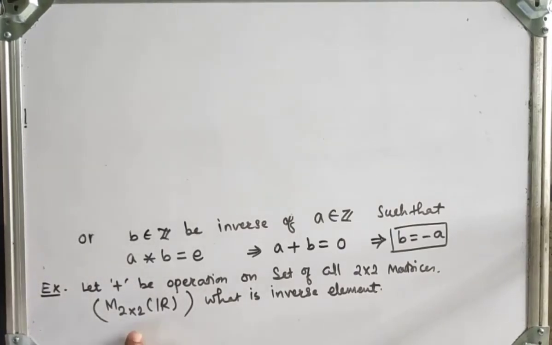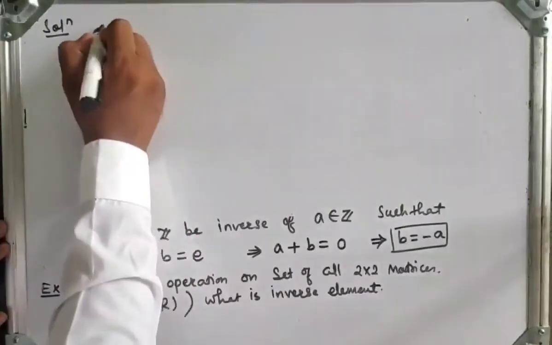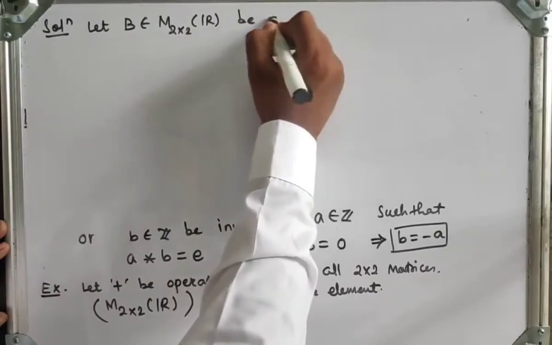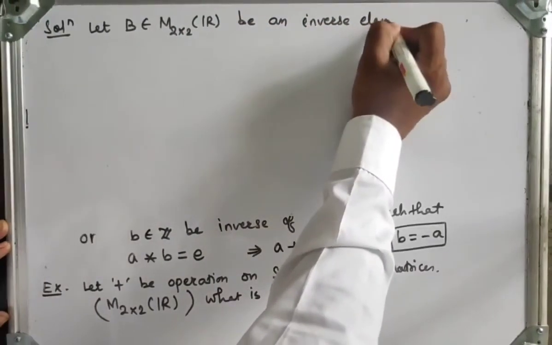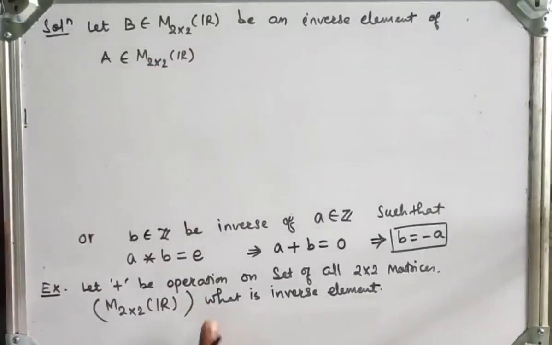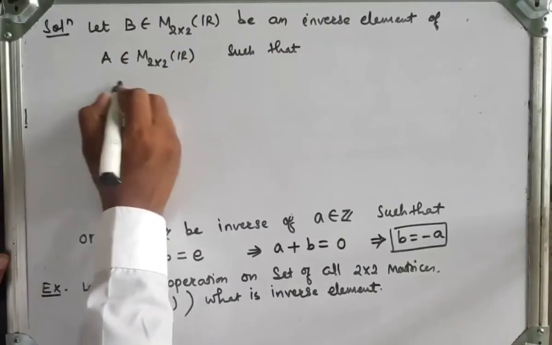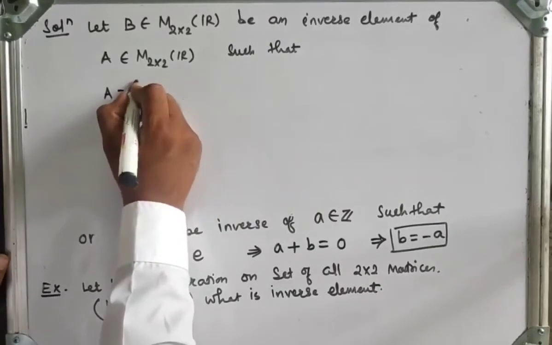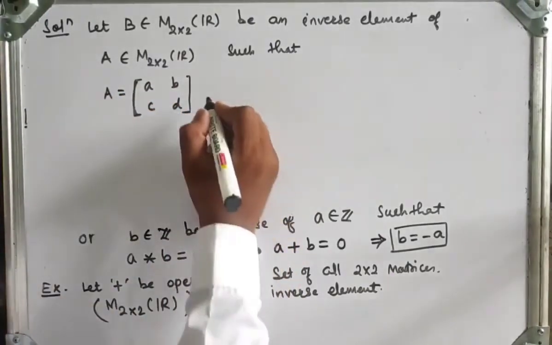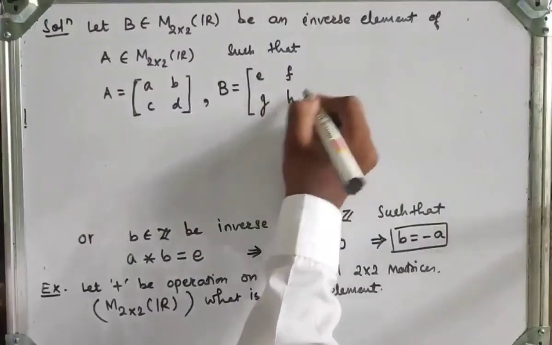We have to find the inverse in the set of all 2 by 2 matrices over the entries R. Now let B belong to the set of all 2 by 2 matrices over the entries R be an inverse element of A, where A belongs to the set of all 2 by 2 matrices over entries R. Here the operation is addition, such that, suppose we take A is equal to the 2 by 2 matrix a b c d, and B is equal to e f g h.